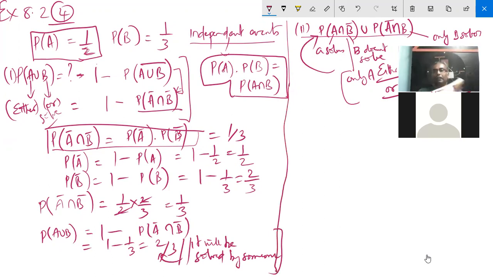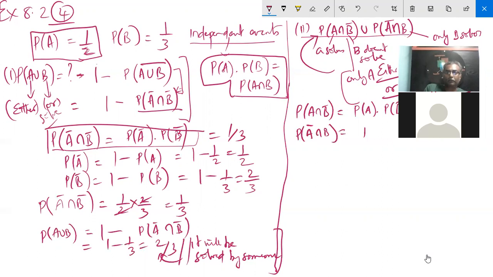Now the other part of the sum. P of A intersection B dash is equal to P of A into P of B dash. Then P of A dash intersection B is equal to P of A dash into P of B. P of A is half.